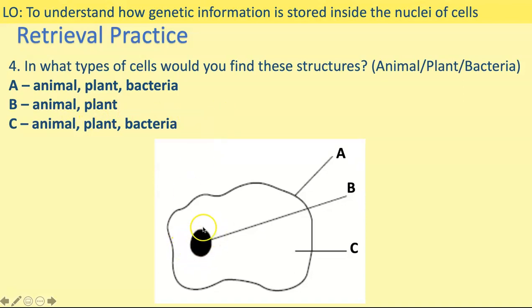The genetic information is contained in the nucleus, whereas in a bacteria cell, we have single loop DNA that is found in the cytoplasm, so it does not have a nucleus. For C, the cytoplasm is also found in all 3 of these cells.